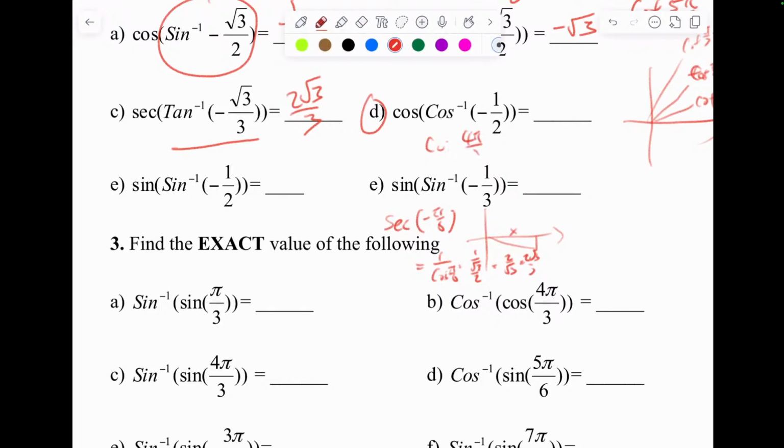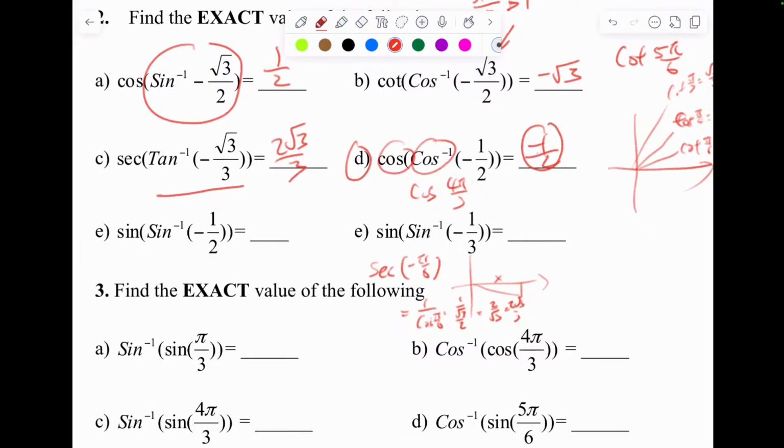Did you say 4 pi over 3 or 3 pi over 2? I don't know what you said. What's the cosine of 4 pi over 3? Negative 1 half. Sometimes people think they just cancel out. They don't always cancel out. Be careful: cosine inverse cosine doesn't always cancel out. In this case it looks like they cancel out, but it doesn't later. There was a reason for that, because the inverse is outside. Then you have a different issue.